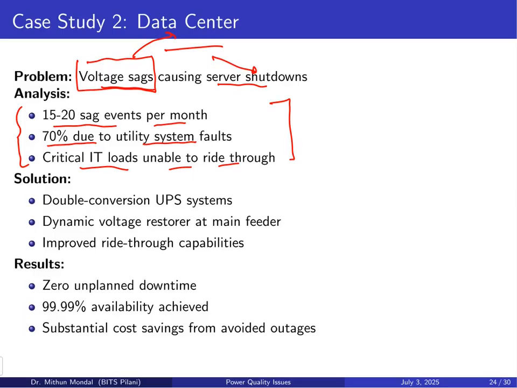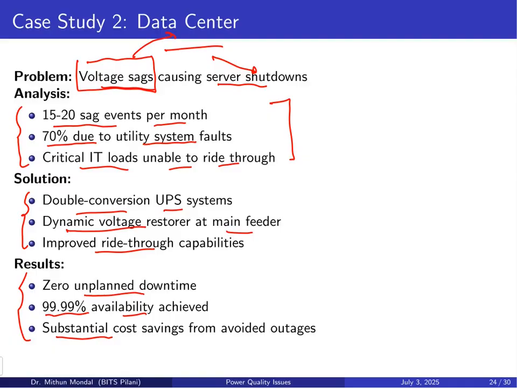The solution given is that a double conversion UPS system should be incorporated, a dynamic voltage restorer should be placed at the main feeder, and improved ride through capabilities should be incorporated. That will result in zero unplanned downtime, 99.99% availability will be achieved, and substantial cost saving will come from the avoided outages.